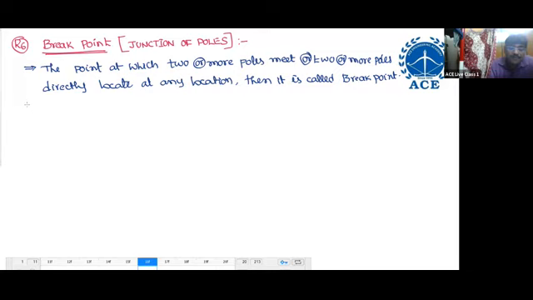Next, breakaway point. What is the breakaway point?